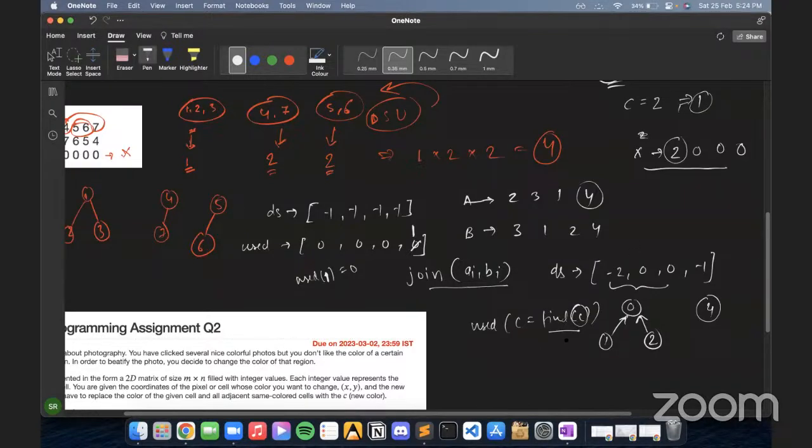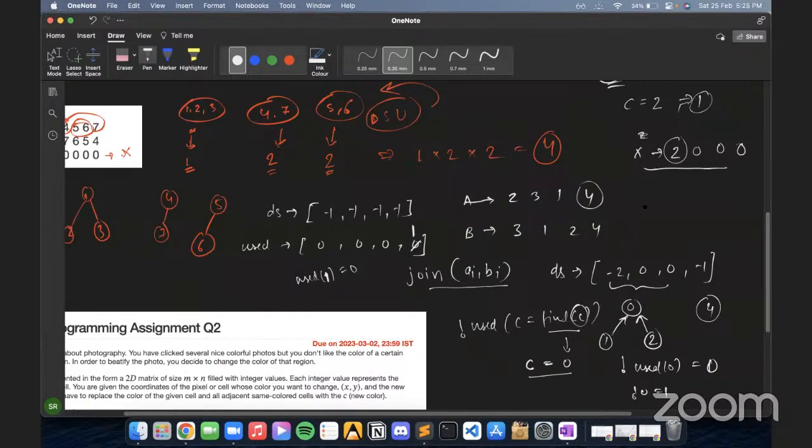It finds the parent of C, 0, fixes C equals to 0, then looks for used[0]. It is not equal to 1, so it satisfies the condition.